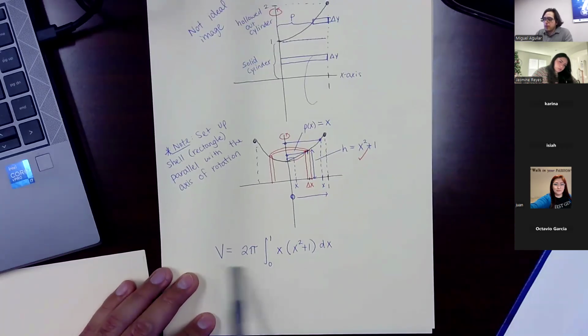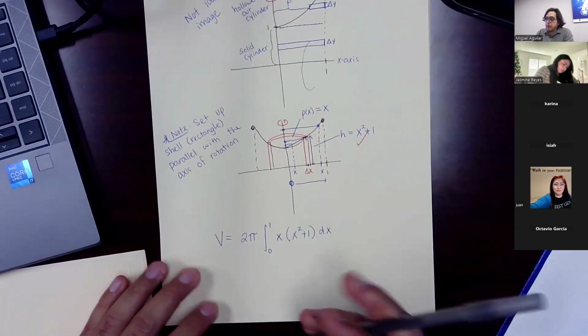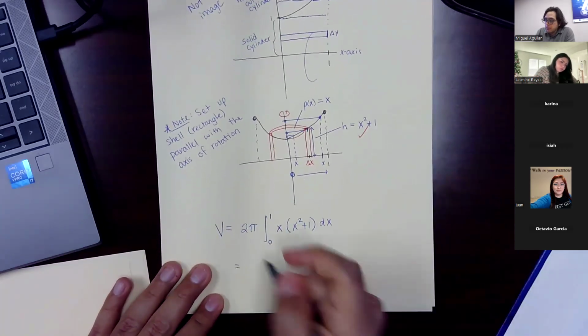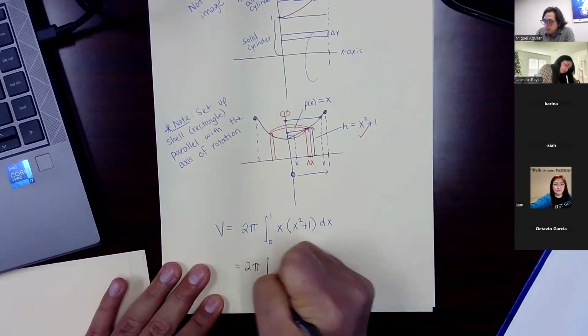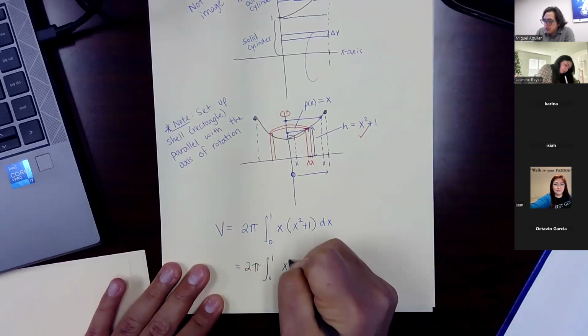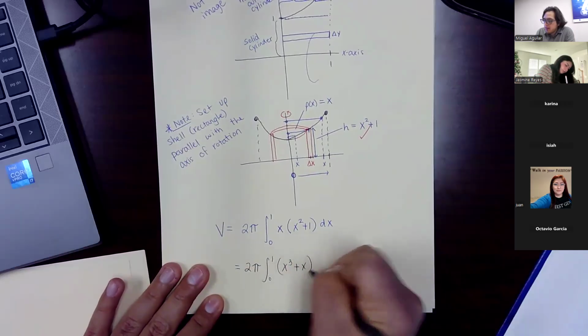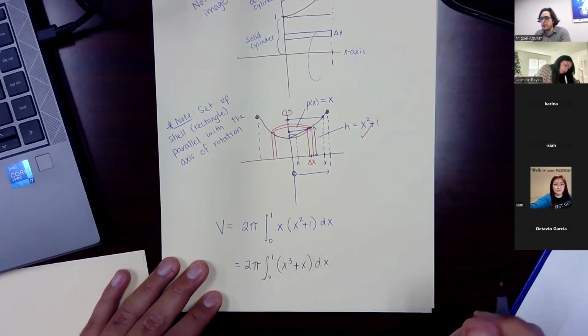So let's go ahead and take this integral because it looks pretty straightforward, right? If we wanted to simplify this a little bit more before we begin, it's going to be x to the third power plus x, and then dx.